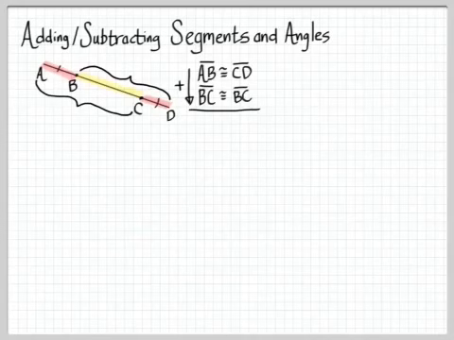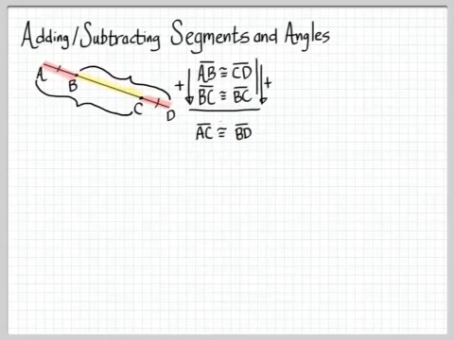When I add these, I get AB plus BC, and you have to look at the picture to see what you get. When you take AB and add BC to it, that's going to give you AC. And on the other side, I've got CD plus BC, and again, you have to look at the picture to see what's going on. CD and BC added together give you BD. And so, from knowing that AB is congruent to CD, we can conclude that AC is congruent to BD.